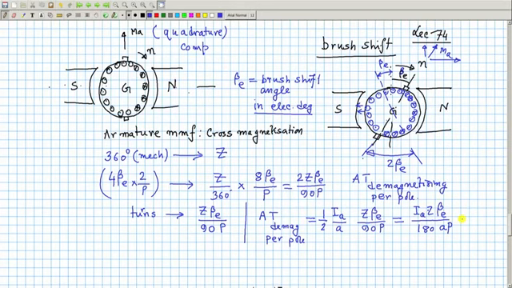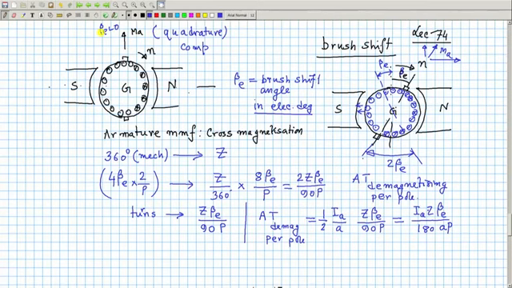If beta is equal to 0, no demagnetizing MMF, that is here beta E is 0, I have not shifted the brushes here, you get the same, beta is 0.